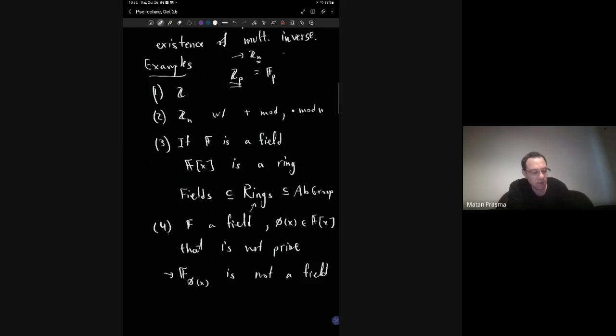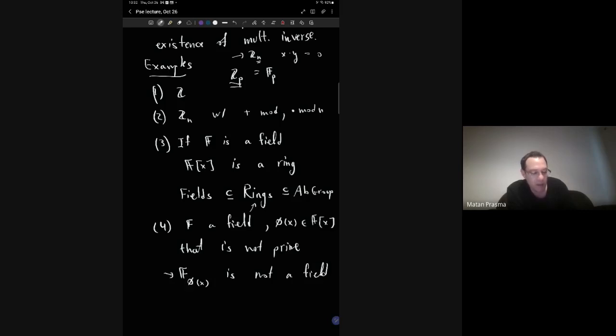So if in a field you have two elements x and y such that x times y is 0, then since you're in a field, you have a multiplicative inverse to x and y if they are not 0.